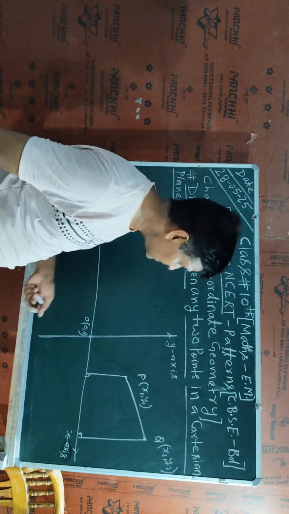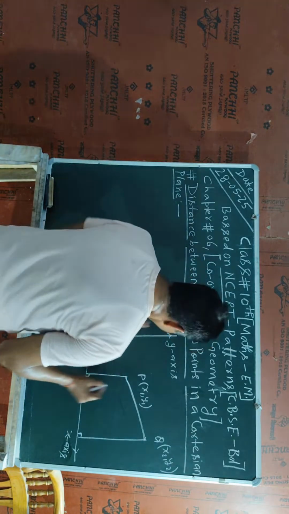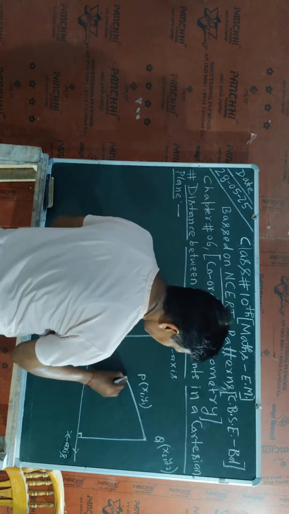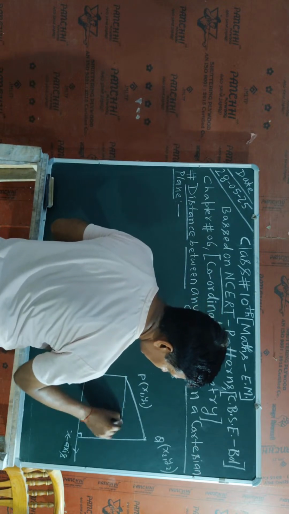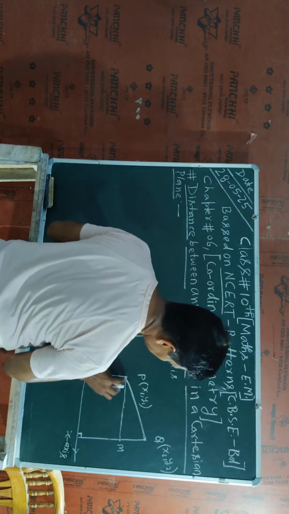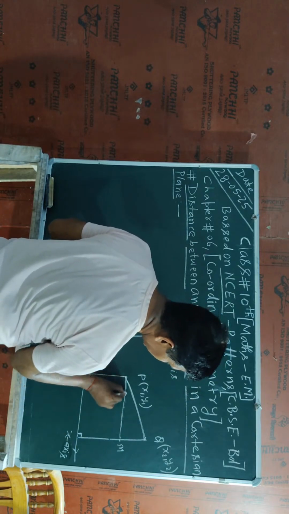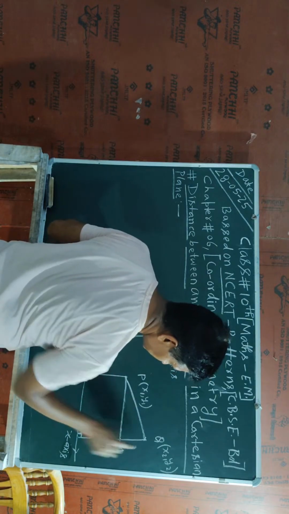Now again I will draw a line parallel to the x-axis from point P. From the point P I am drawing a line which meets at the point M, and it is also perpendicular to the line.